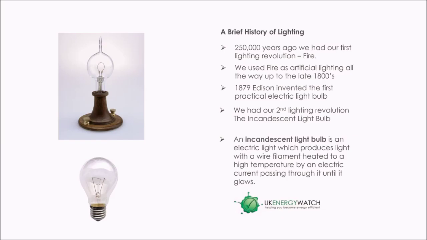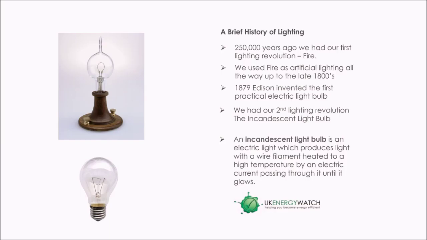We found different ways to contain it, oil lamps, for example. But it really was up until the late 1800s before Edison invented the first practical electric light bulb. So that was our second lighting revolution, or the big one, which was the incandescent light bulb.